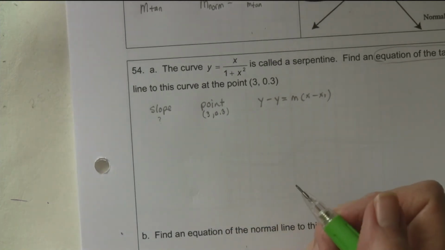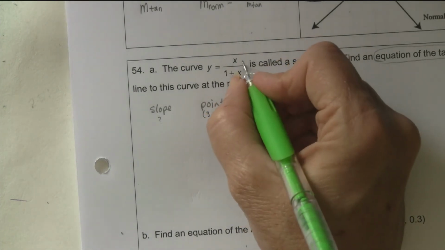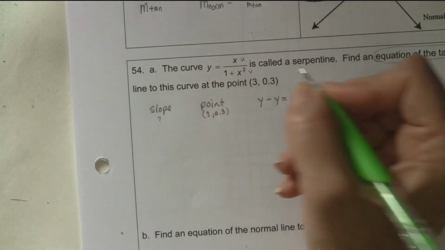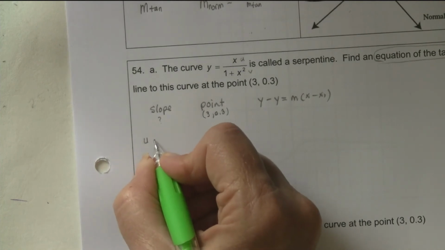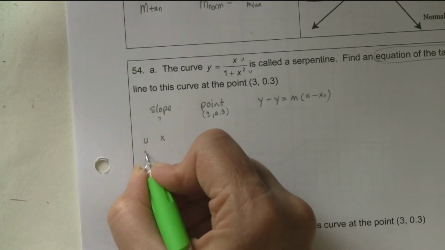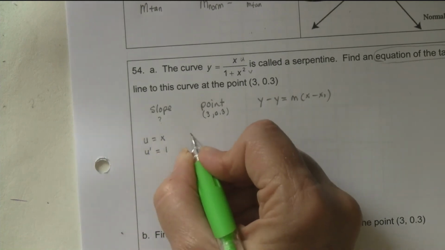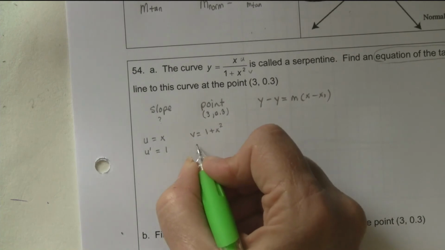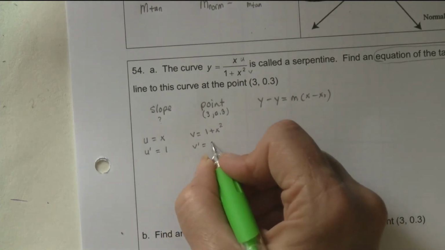And in order to use the quotient rule, I usually label, and I usually use u and v, though you could use f and g if you wanted, it doesn't matter. I usually write u like this, so I have a pattern. So my u is x, my u prime is 1, and my v is 1 plus x squared, and my v prime is 2x.